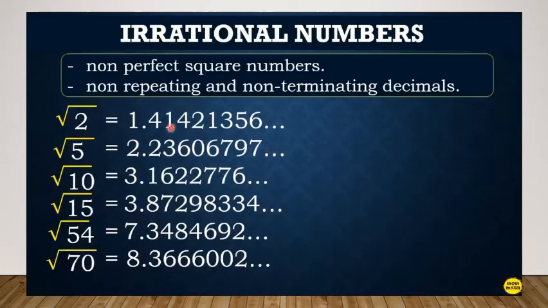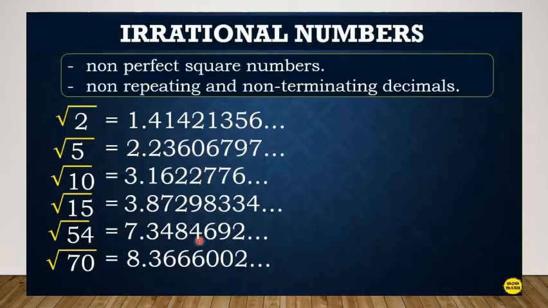Okay. So, ito po ang magiging result niya. So, hindi siya repeating, hindi rin siya terminating. Hindi kagaya nung rational natin kanina dun sa mga perfect square, the result is always an integer or a rational number. Okay?